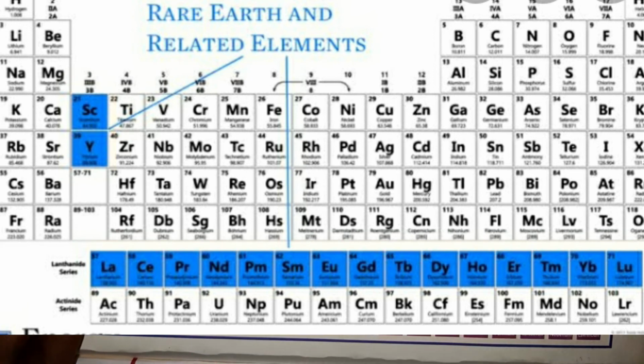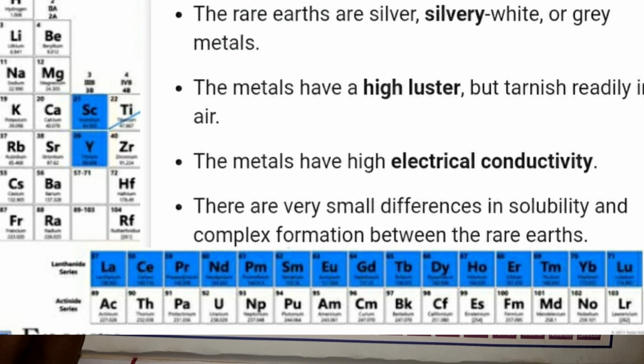These are said to be rare earth metals, children. These are silvery, white or grey metals. And these are highly lustrous and easily tarnish in air, children. And these have high electrical conductivity.